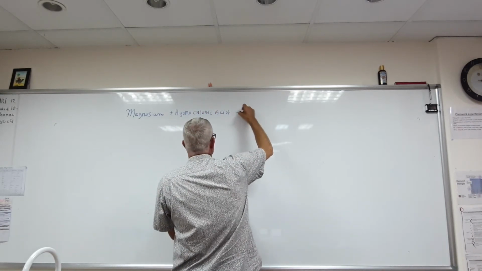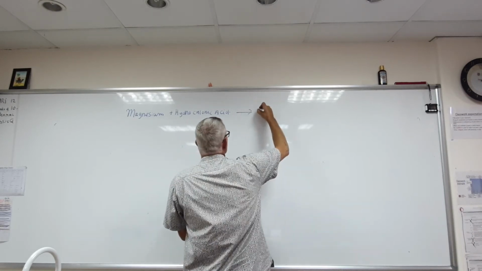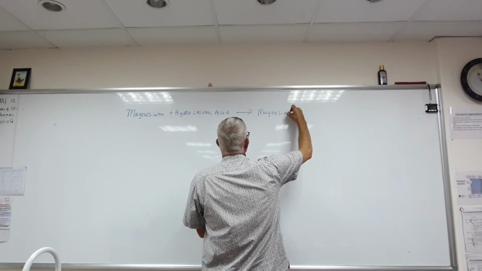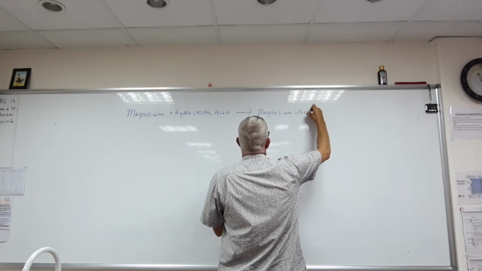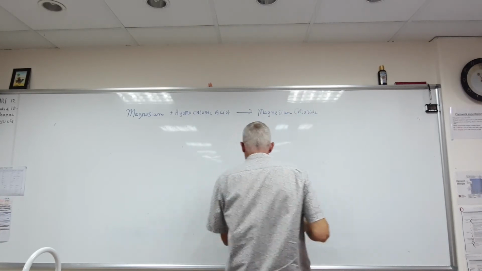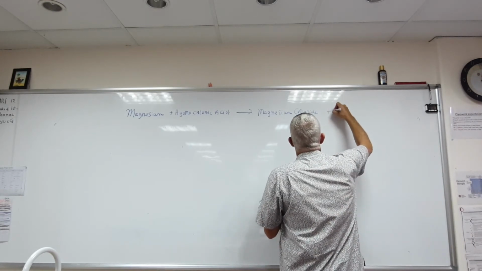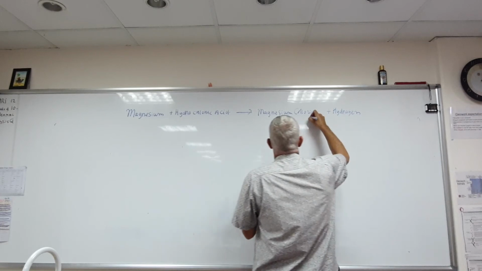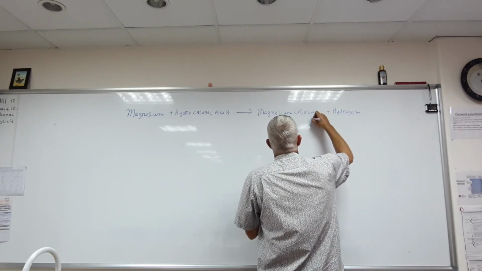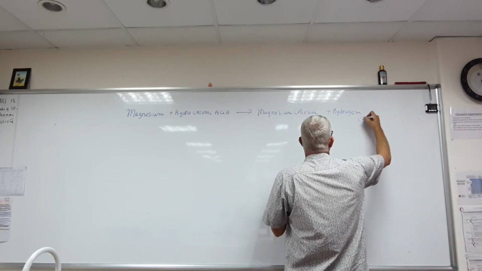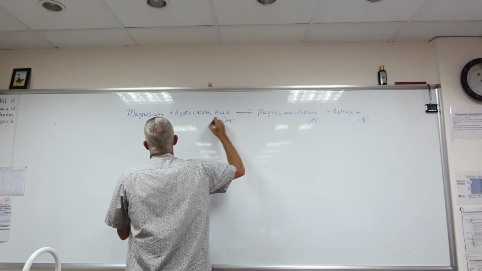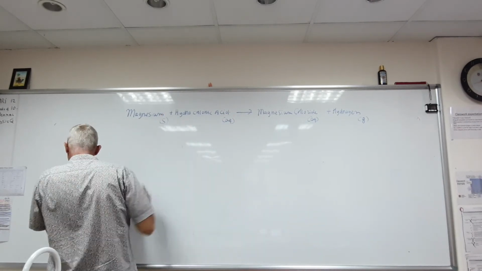What are the products? You should know. That is magnesium chloride, and that is the salt that will dissolve, and we get hydrogen, and hydrogen is a gas, this is a solution, and this is a solid.